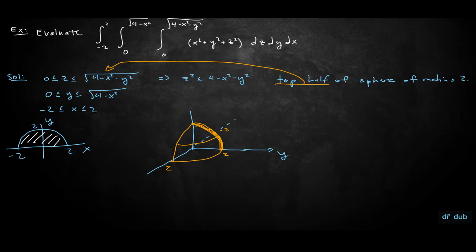So it's the right half of the dome. Z is less than or equal to the square root of 4 minus x squared minus y squared.